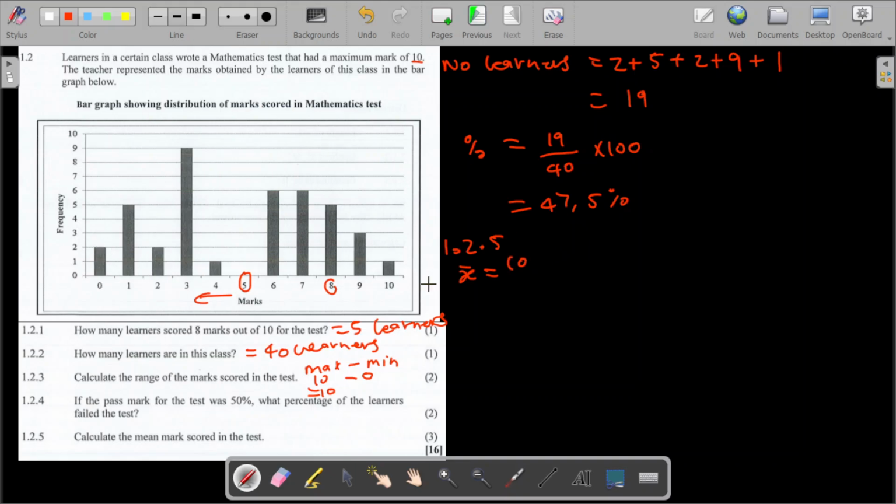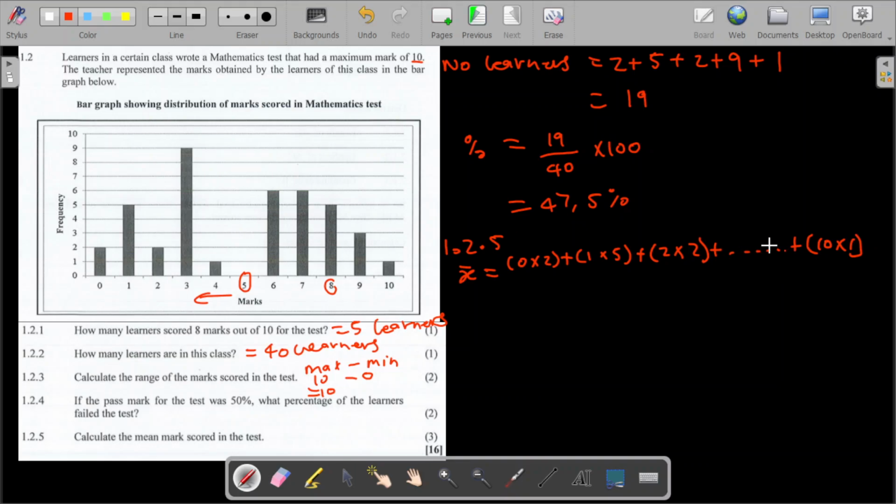So it's going to be 0, which is this 0, times 2, then plus the mark, which is going to be 1, times the frequency, which is going to be 5, and then plus the mark, which is 2, times the frequency, which is going to be 2, and then plus. So guys, we're going to go along that, and then plus, if I can write just the last one here, which is going to be 10 times 1.